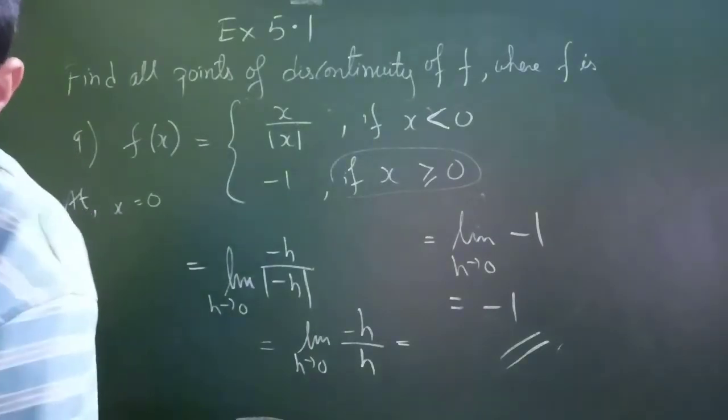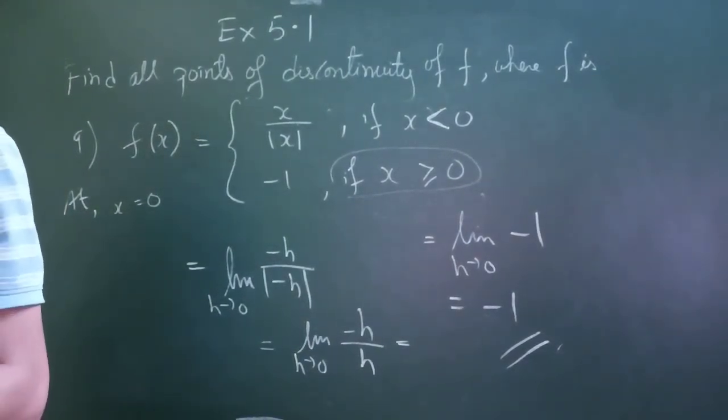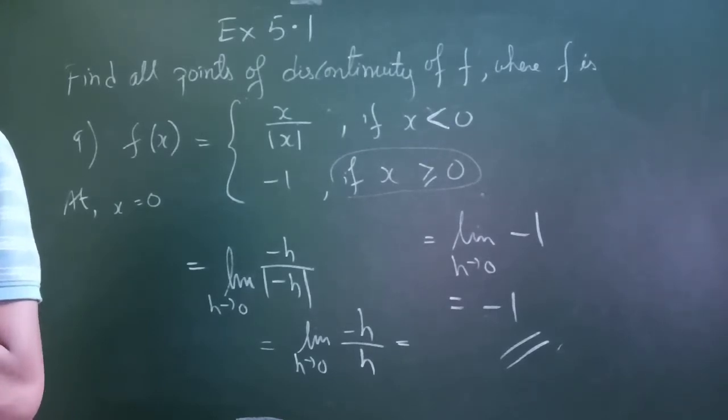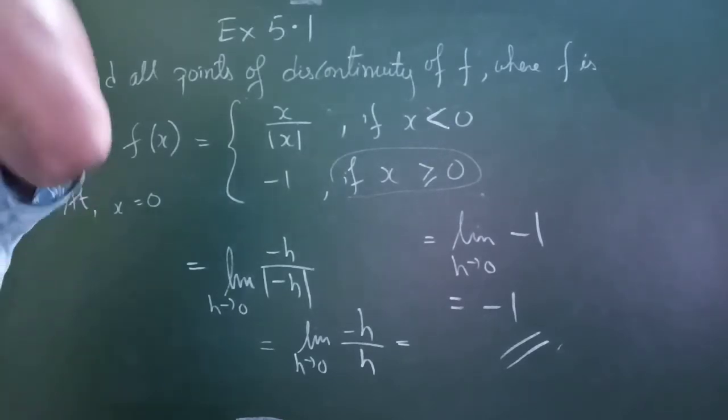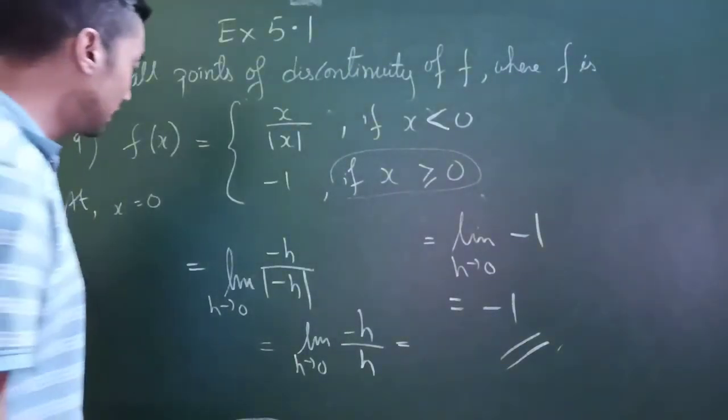Now one thing you will see is that all the values here correspond to the same value: minus 1, minus 1, minus 1. That means there is actually no point of discontinuity.